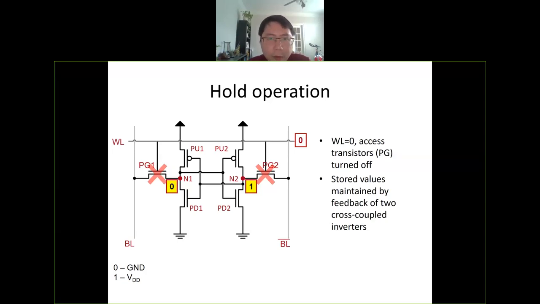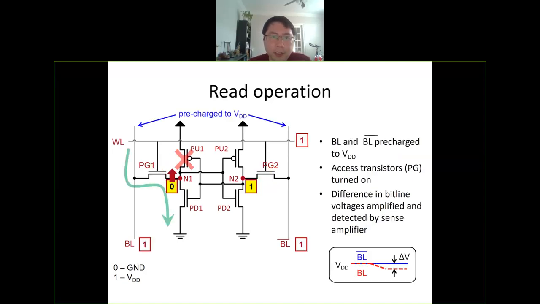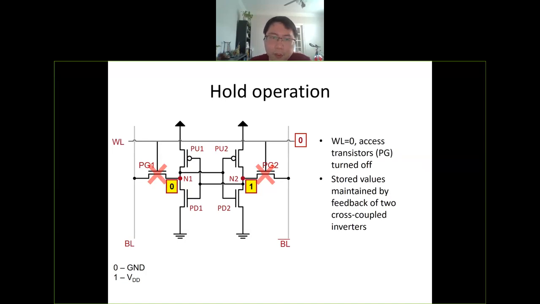Before we talk about read and write, there's one more operation for the SRAM, which is hold, meaning you do nothing. If you just want to hold the data there as a memory, then what you need to do is cut off those 2 pass gates, because they are a bridge from the internal storage to the outside.